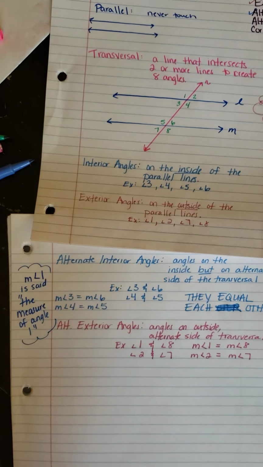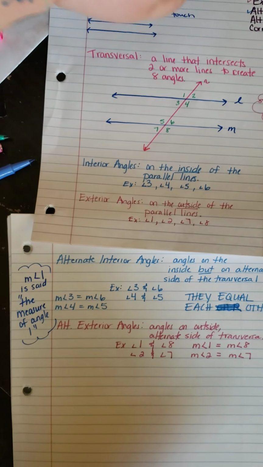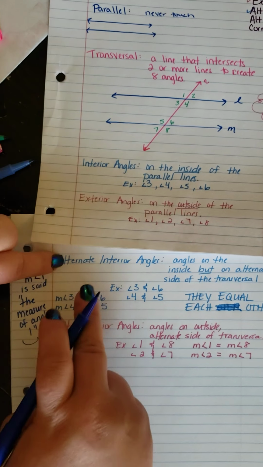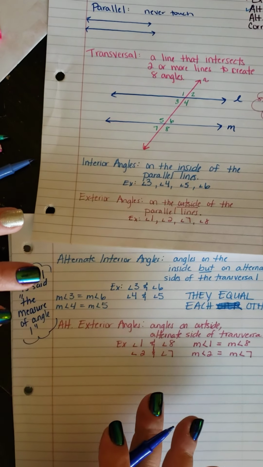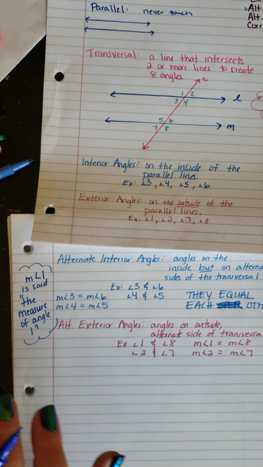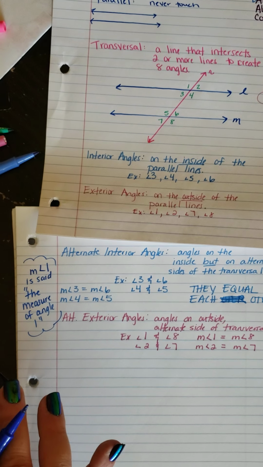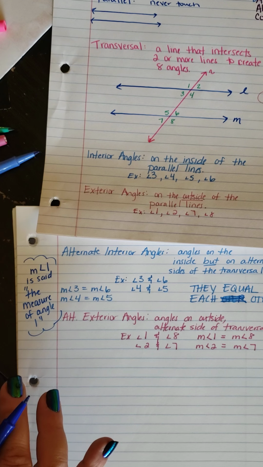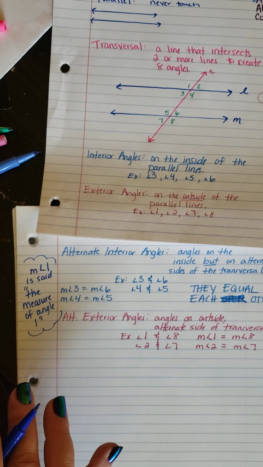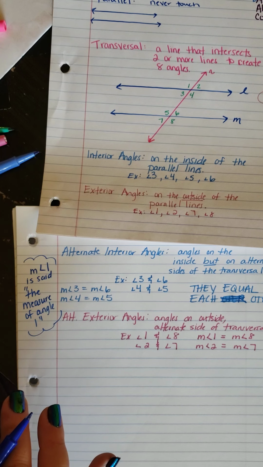Okay? Now, we've got one more as our corresponding angles, but these two are the important ones. I'm wondering if you learn one more in section 1, but I don't think that you do. But you know what?